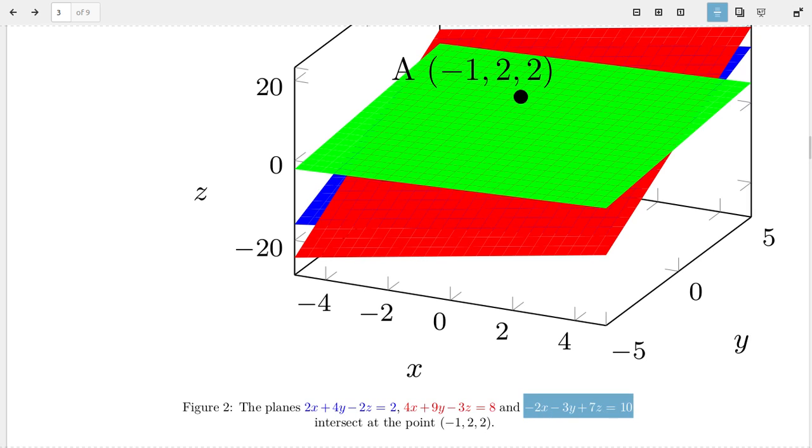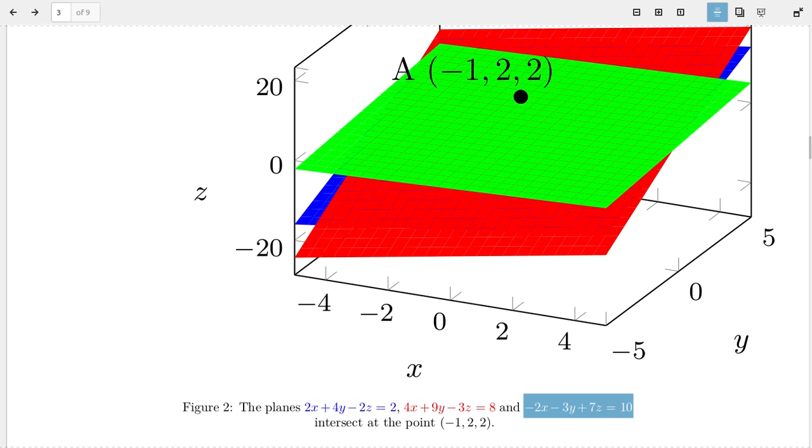Now, all three planes have a common point of intersection, negative 1, 2, 2. So these three planes intersect at x equals negative 1, y equals 2, z equals 2. Now, you plug this set of solutions into all three equations, and it satisfies all three equations.